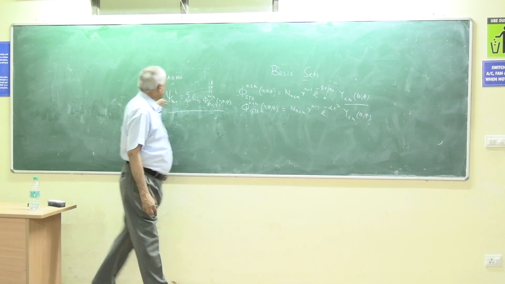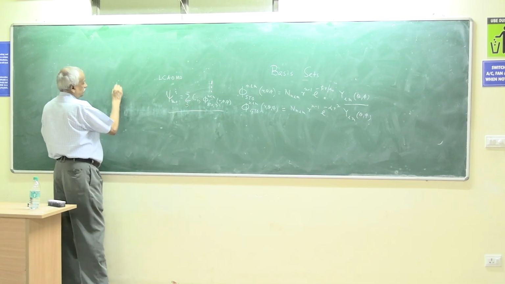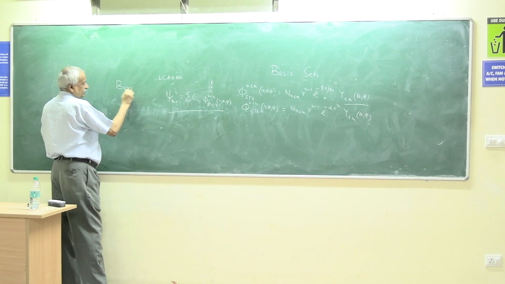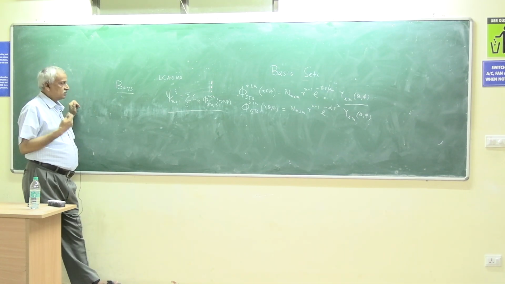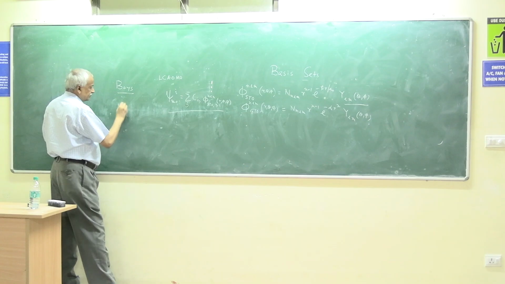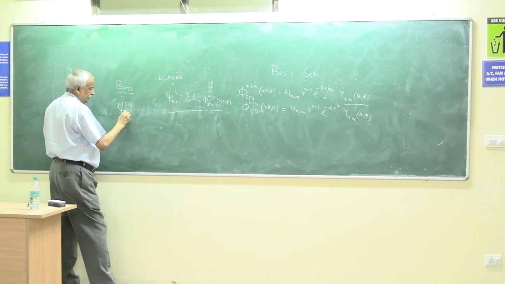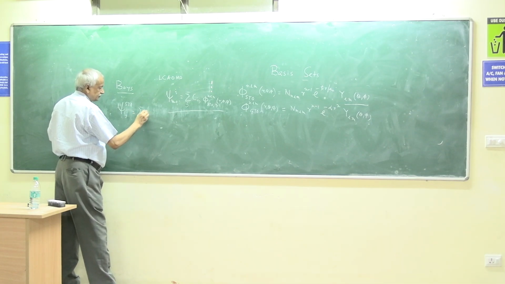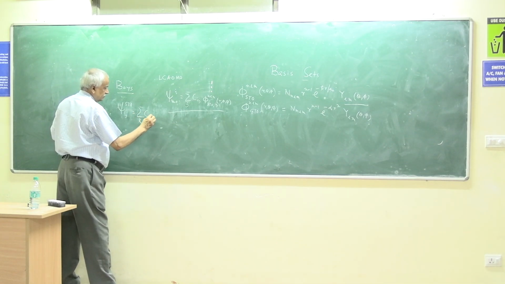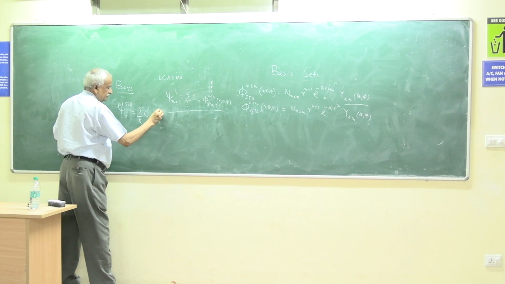So, Boys came with a very innovative idea, and that is why there is a drastic change: you write any STO, say j, as a sum over k of c j k psi k GTO.